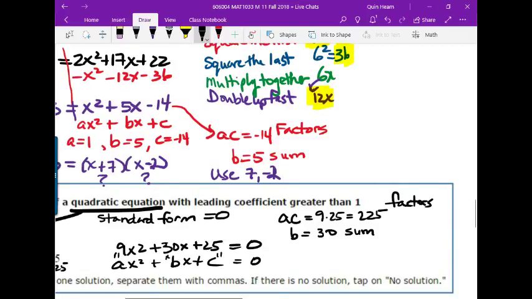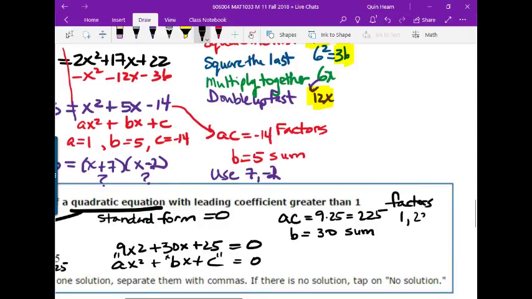So when you have large numbers like this, don't panic. Just because you can't look at it and instantly know what two factors of 225 add up to 30, don't worry. You can actually just start writing down pairs of factors, and it'll go very quickly, even though it's a large number. So what I mean by that is you ask yourself, what goes into 225?